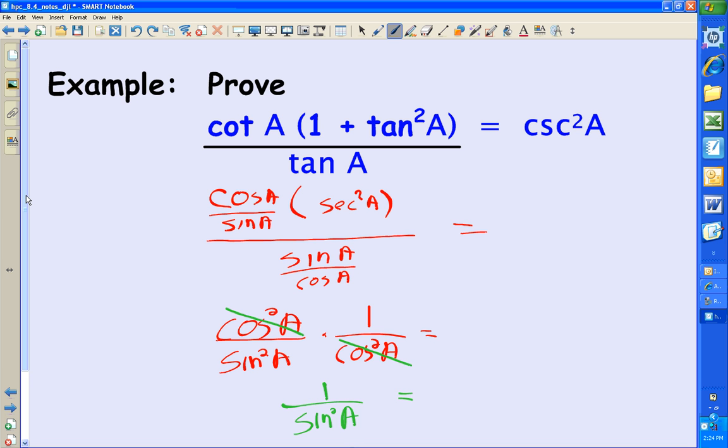The secant squared A. Oh. Let's do 1 over cosine squared. All right. Anybody else?